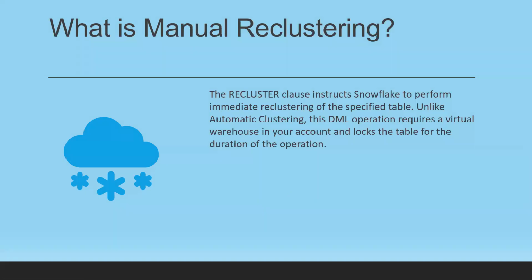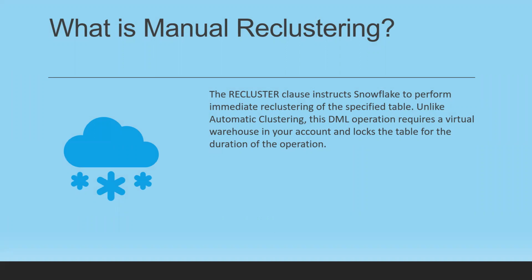What is manual reclustering? We just talked about automatic clustering, and now we will talk about manual reclustering. If manual reclustering is still available in our account, we can use the ALTER TABLE command with a RECLUSTER clause to manually recluster a clustered table at any time.